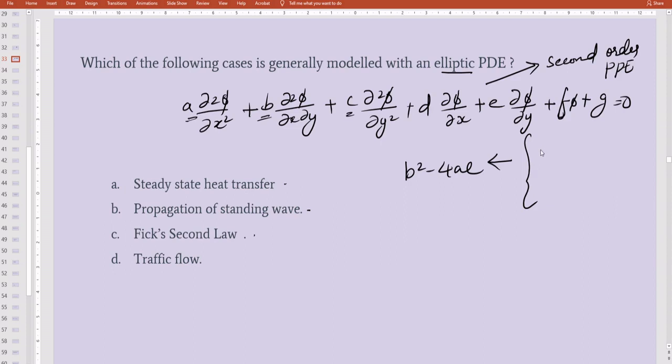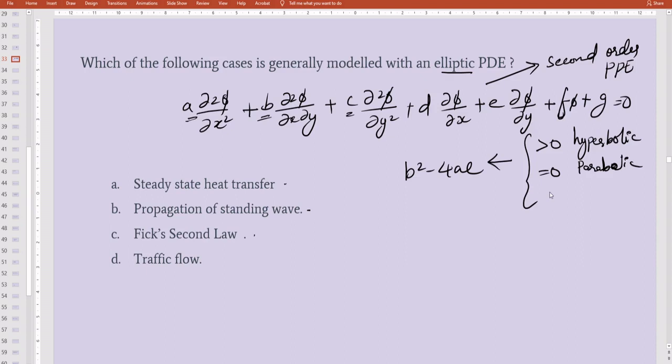If b square minus 4ac is greater than 0, a positive value, then that kind of PDE is known as a hyperbolic equation. If b square minus 4ac is equal to 0, then it is known as a parabolic PDE.